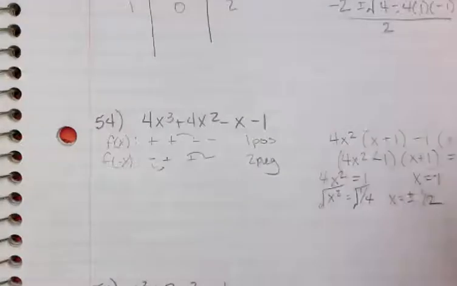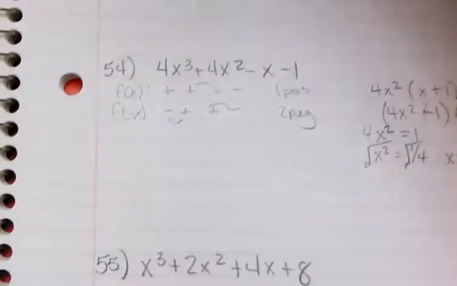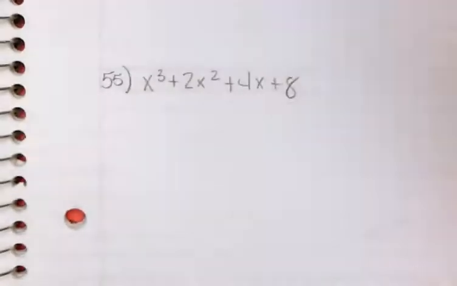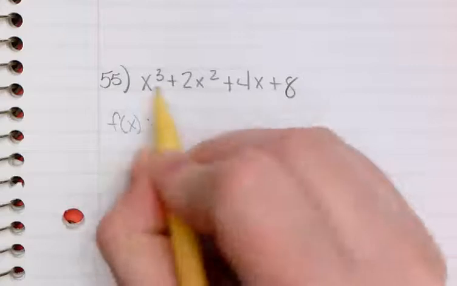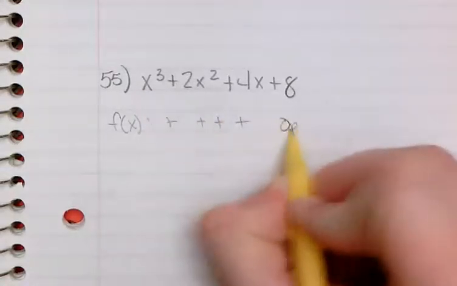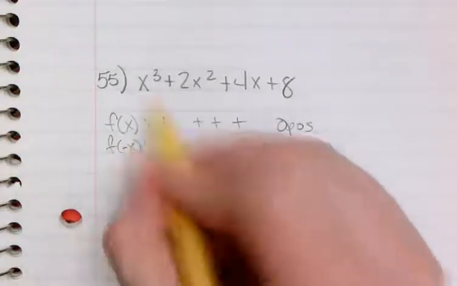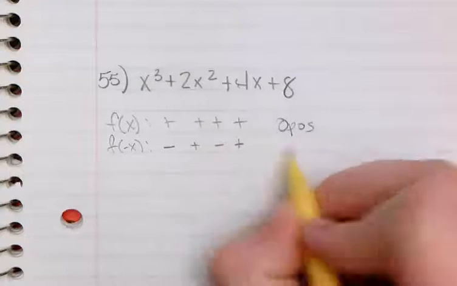Last but not least, I have this problem here, 55. Based on signs, f of x: all these are positive, so plus, plus, plus, plus, so I have 0 positive. f of negative x, odd, so minus, plus, minus, plus.